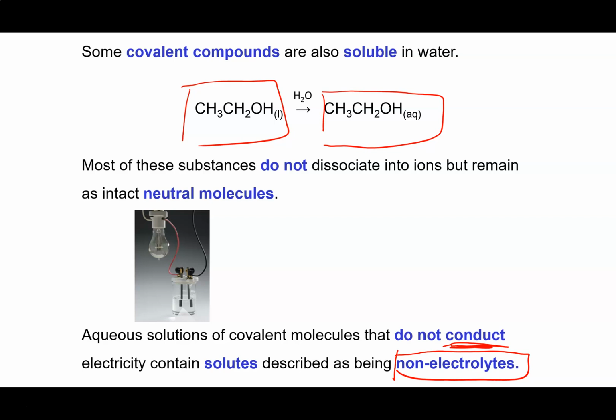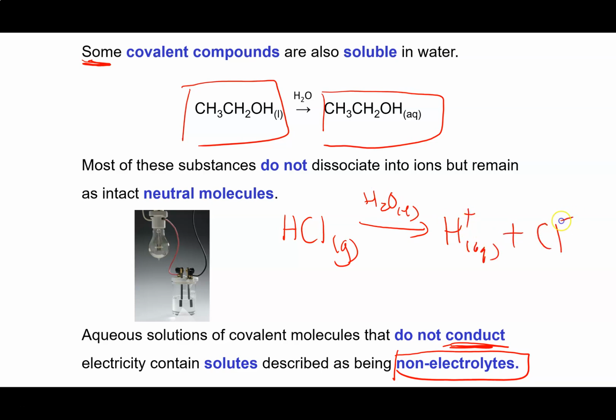Now, of course, there is a little bit of an exception here. I did say some covalent compounds. And why didn't I say all covalent compounds? Because if you recall, there are a class of covalent compounds called acids. So a good example of this is the substance hydrogen chloride. And when that is dissolved in water, it actually forms hydrogen ions and chloride ions.